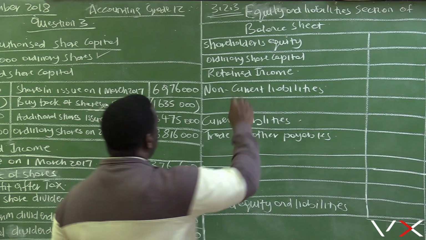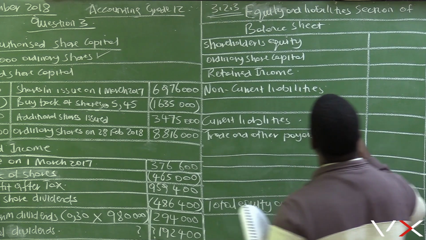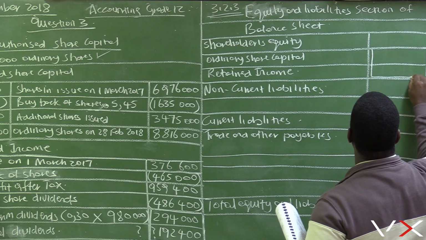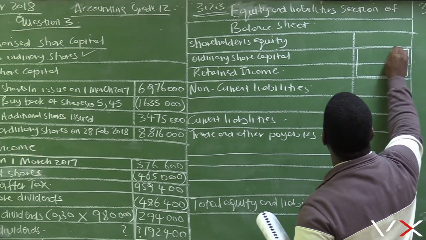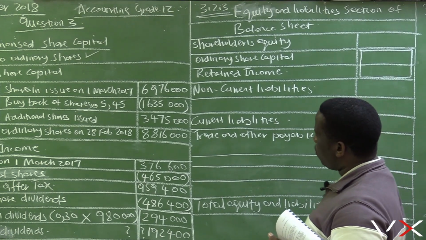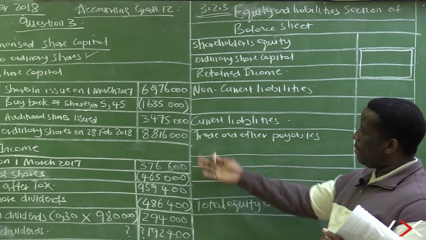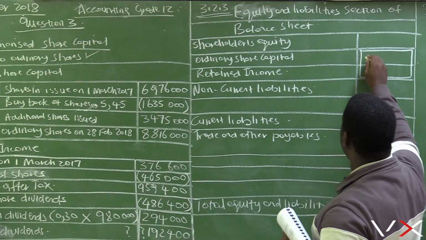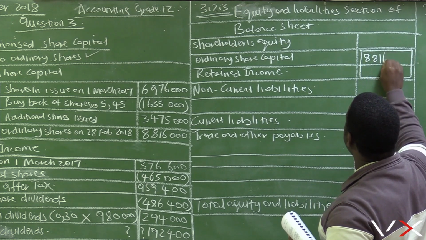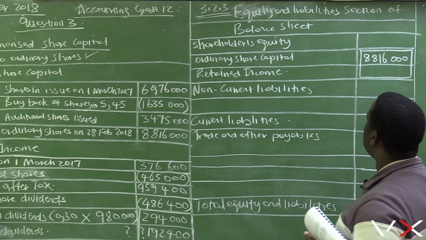So this is where it starts with the shareholders' equity, and then the total of the shareholders' equity is made up of ordinary share capital and the retained income. And fortunately, we have already done these notes. We have the ordinary share capital final amount, which is 8,816,000.